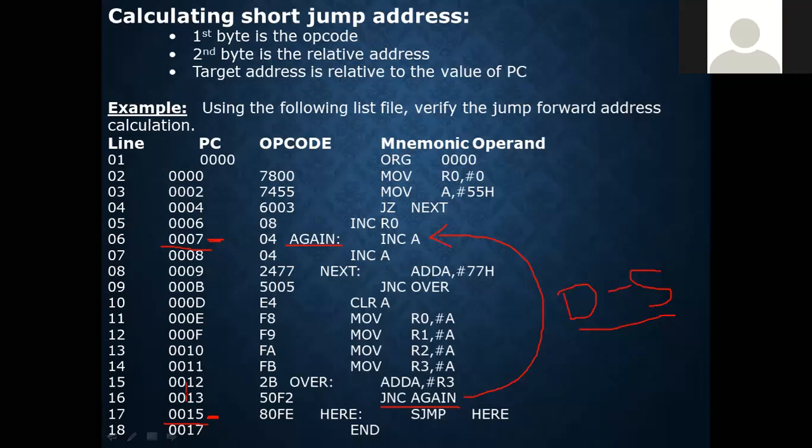So in this backward jump the destination is lower than the source, so the result will be some negative number, clear? 2's complement is nothing but the negative of a number, the changed sign. So just calculate the difference between these two and make the 2's complement, then you will get this F2, clear?